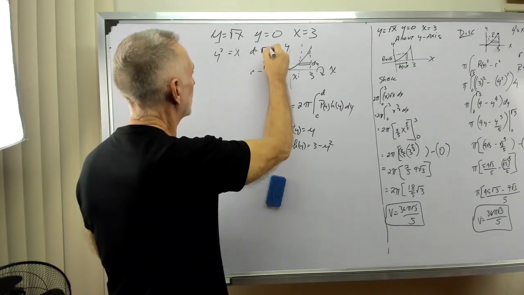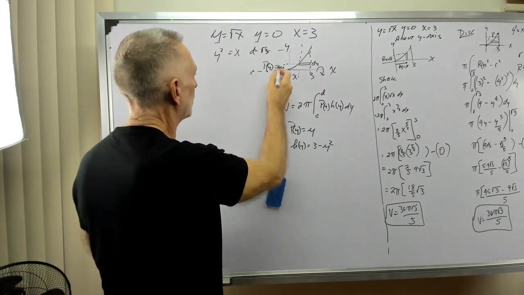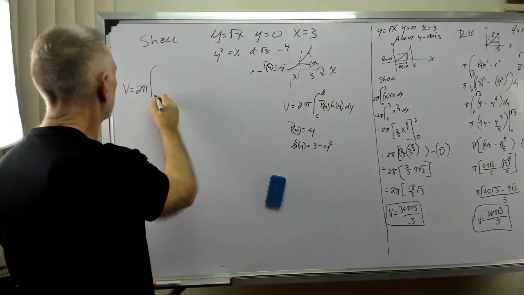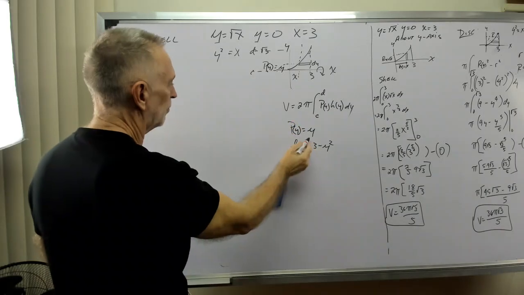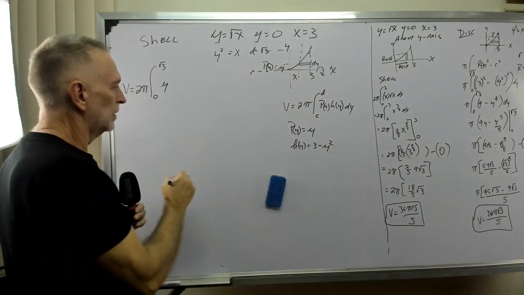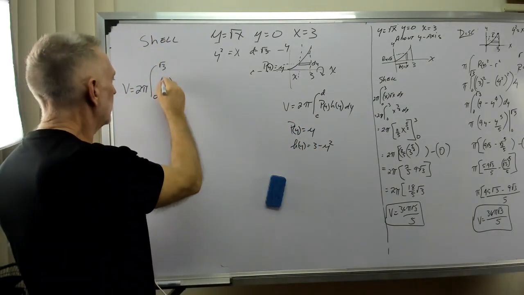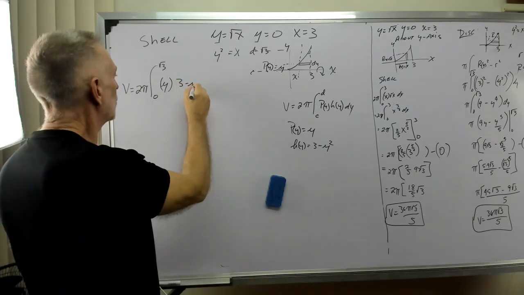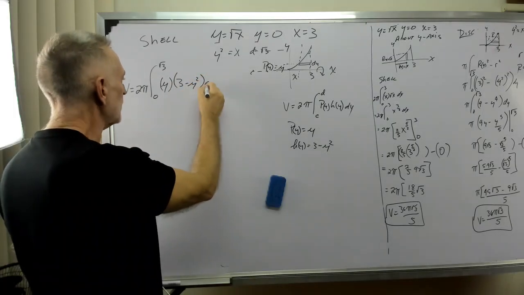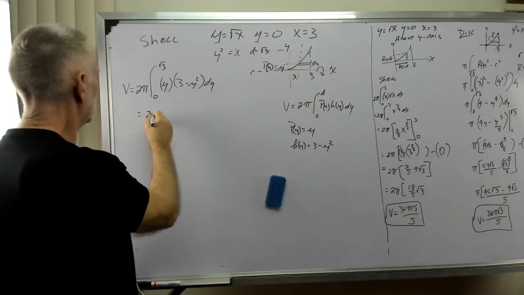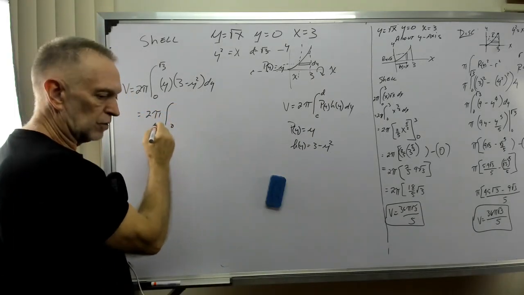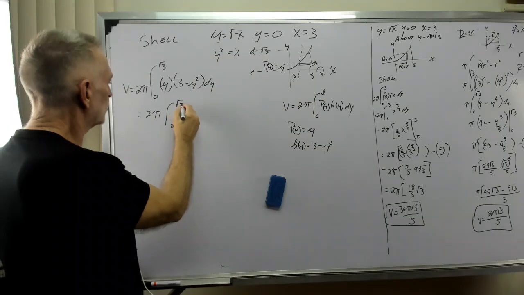So we're integrating from 0 to square root of 3 of p of y, which was y, and h of y, which is 3 minus y squared, dy. So that equals 2 pi times the integral from 0 to square root of 3.